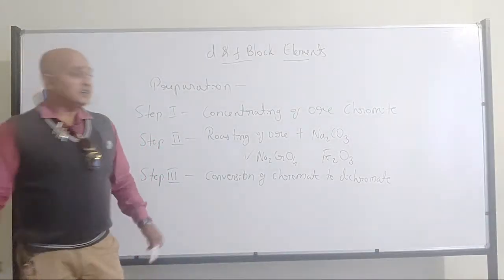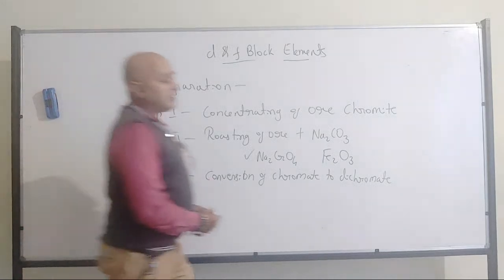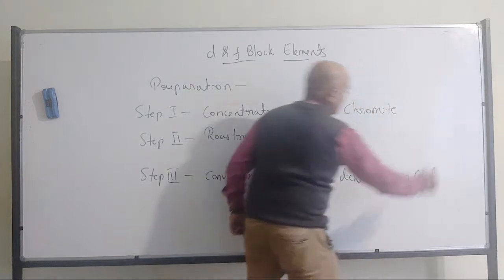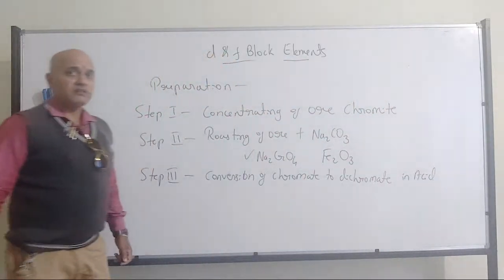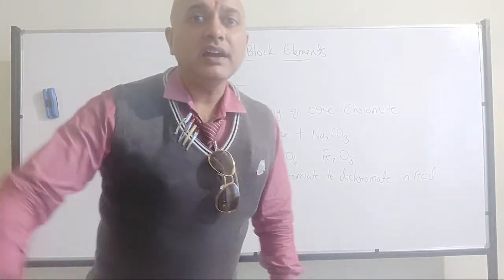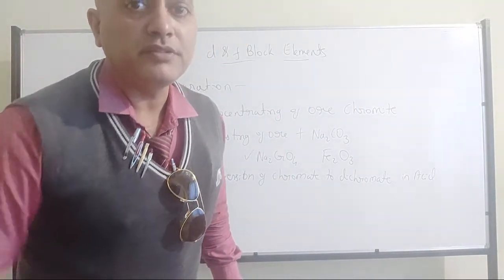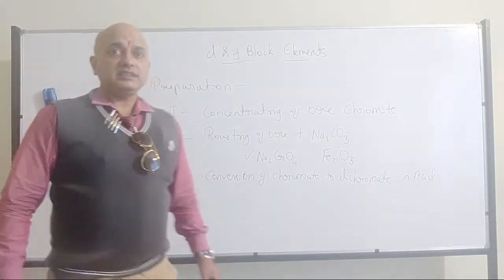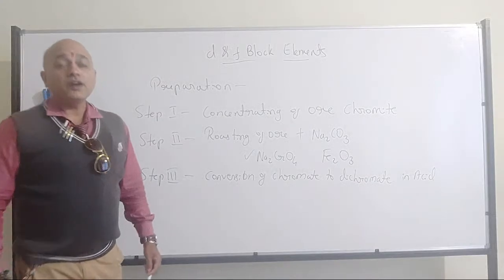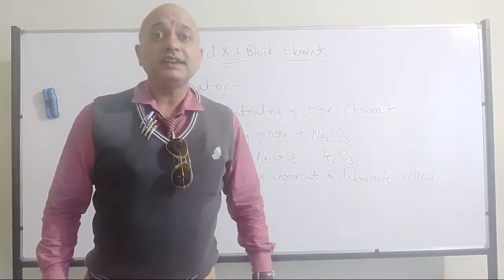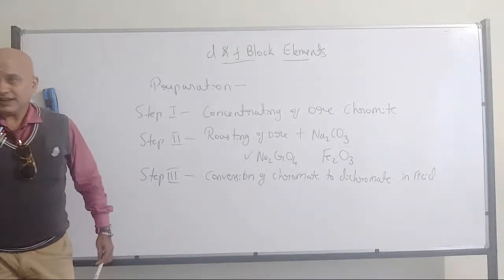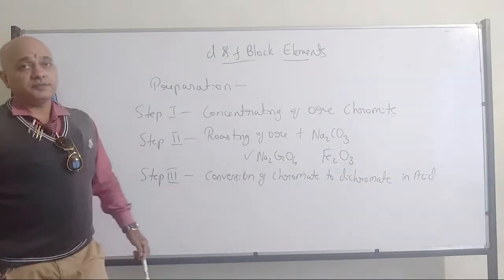So under acidic condition, chromate will be converted into dichromate, therefore in the presence of acid. It will be sulfuric acid which is used. Jahnavi, yes, very good. So that's where the yellow color of chromate will get converted into orange-red color. Absolutely correct, right? So that's what we can observe.